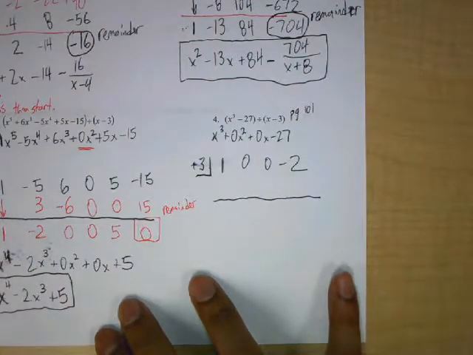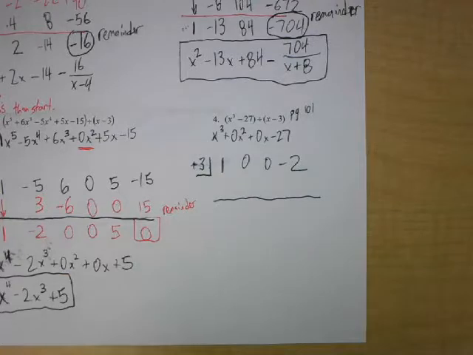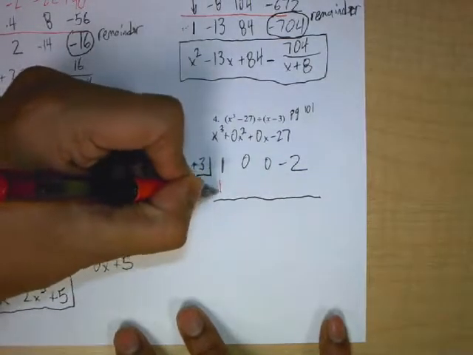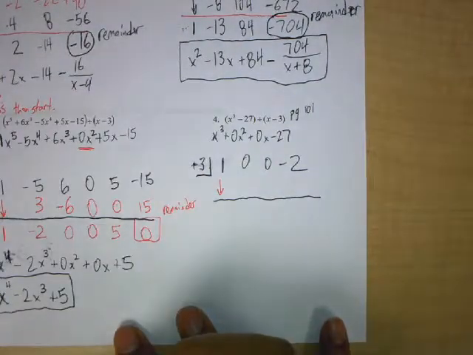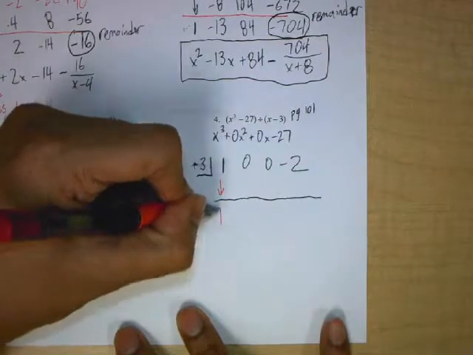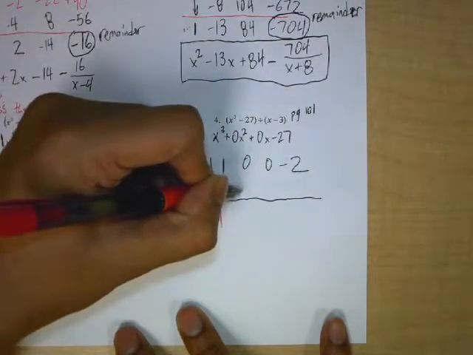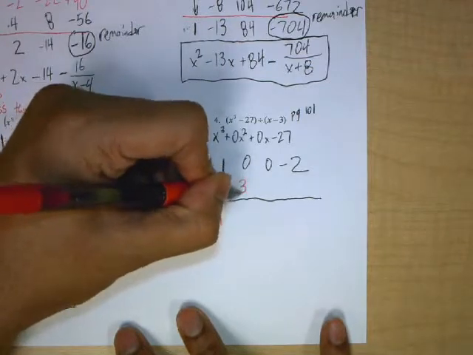Again, what are my steps? Take a moment, see if you can solve this problem, and I'm going to go through it. Let's bring the first number down. Then we multiply. 3 times 1 is 3.